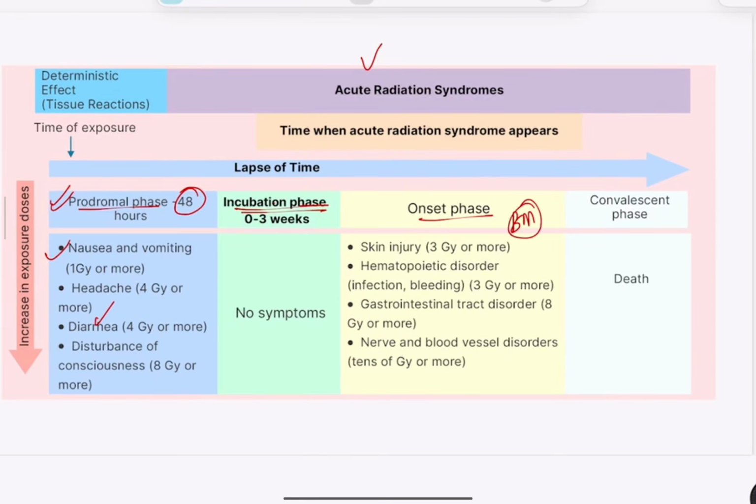First to be affected is bone marrow. We have seen in radiotherapy that bone marrow tissue is very radiosensitive because of continuous dividing. So first comes the hematopoietic syndrome, and last comes the CNS syndrome. First is hematopoietic after more than 3 grays, and then there is a convalescent phase, or there is death.